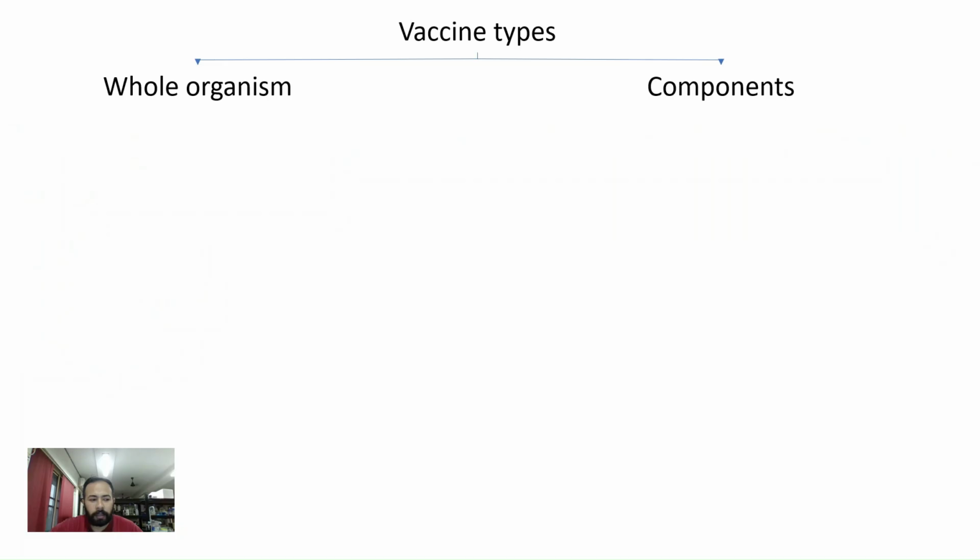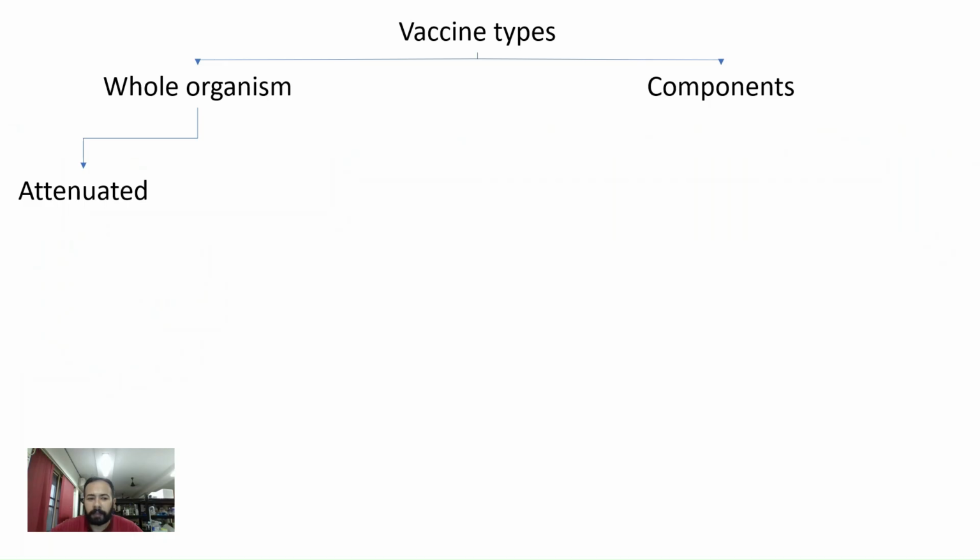Now, looking into whole organisms, there are mainly three types. So one is attenuated, that is weakened bacteria or virus, but they are still alive. Either they have been weakened or passaged through different hosts so as to lose the virulence.